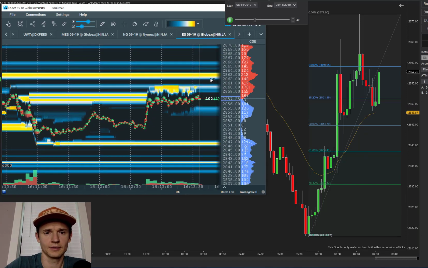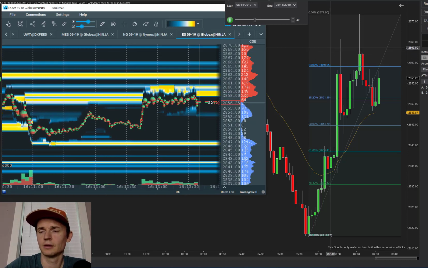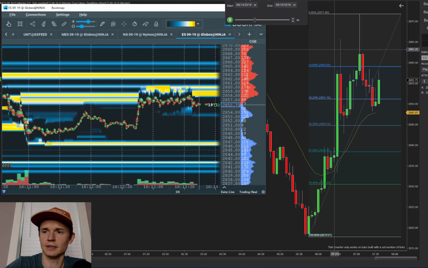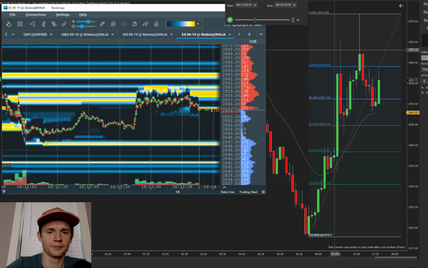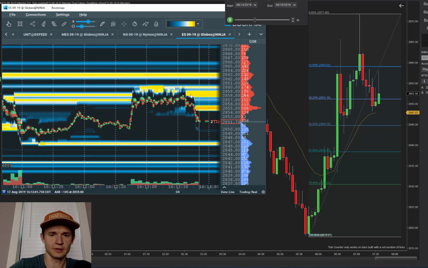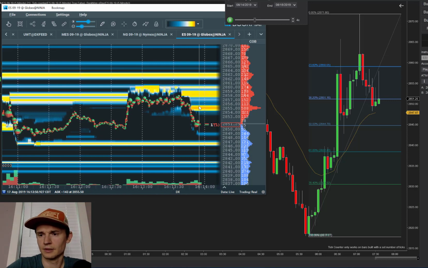And then you've got this big block at 2863. So if anything, you know that this might be as high as it gets, 2863. But you can see the sellers piled in right there. I mean, that was obvious.